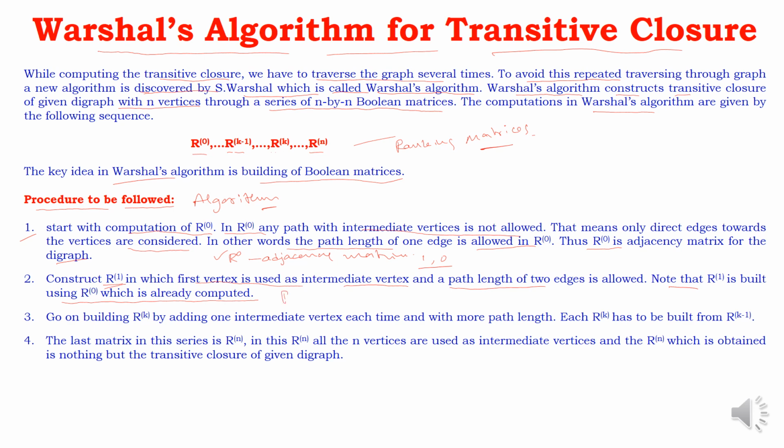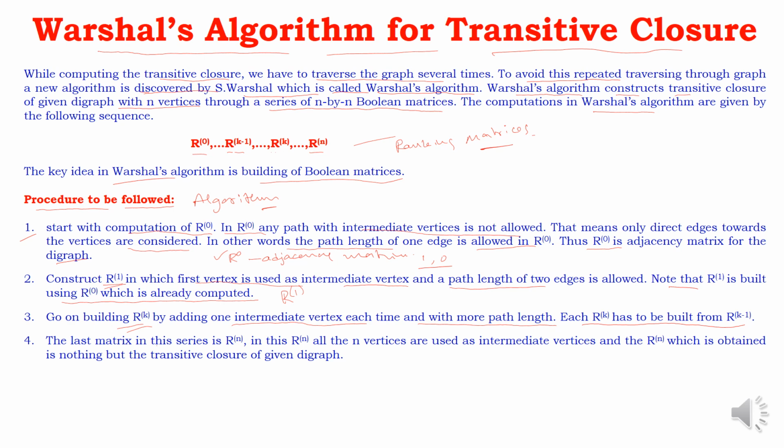With the help of R0, we are going to find R1, where the first vertex is taken as an intermediate vertex. Go on building Rk by adding one intermediate vertex each time and with more path length. Each Rk has to be built from Rk minus 1.